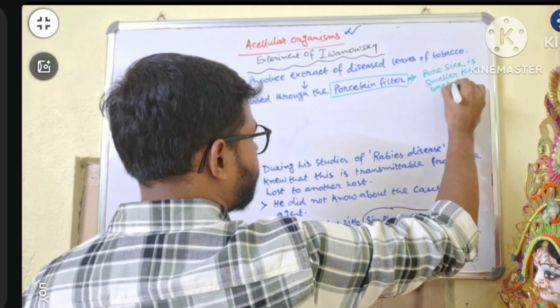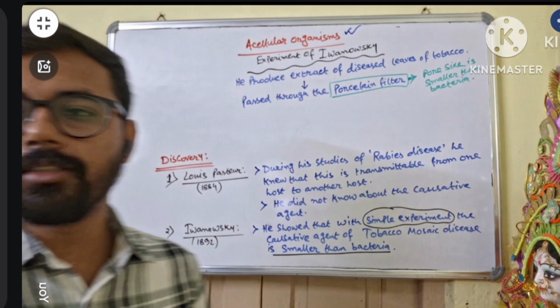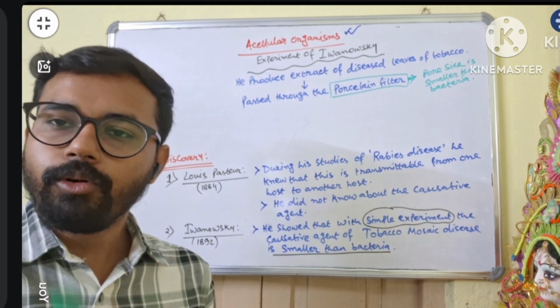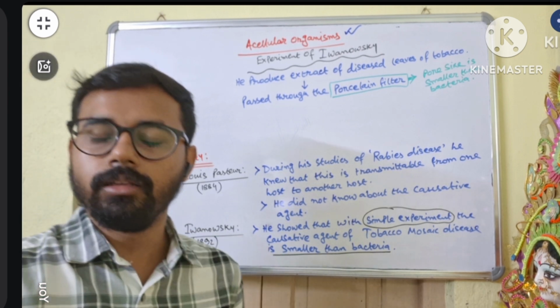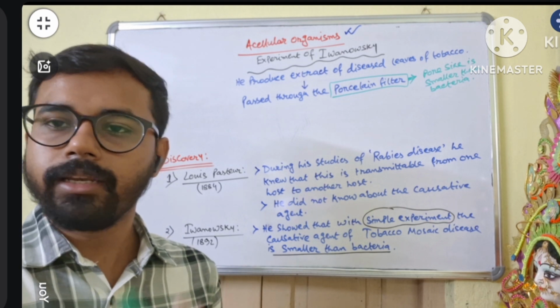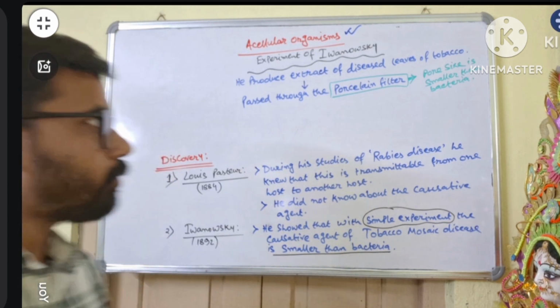That means bacteria cannot pass through the porcelain filter. Yes or no? The pore size is very small, smaller than the bacteria. That's why if you pass a bacterial solution, bacteria cannot pass. Correct? Online students.